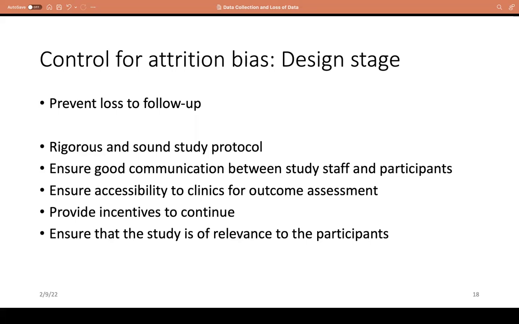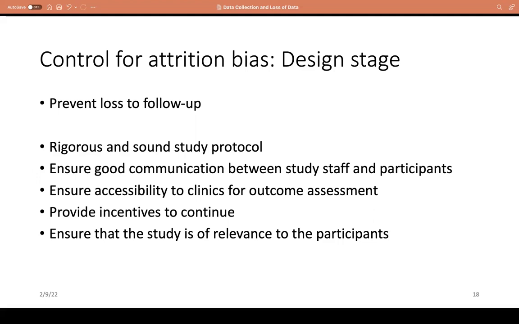You want to ensure good communication between study staff and participants. You want to make sure that when people come into clinics, they're able to get there and get their outcomes assessed. This is often a problem, especially in some environments where there are fewer resources or fewer clinics, where people are going to have issues with transportation.